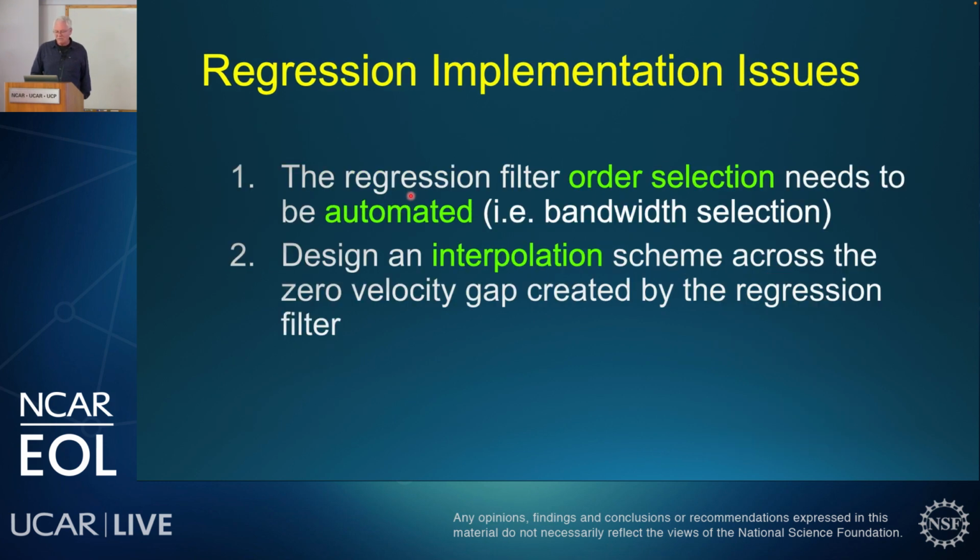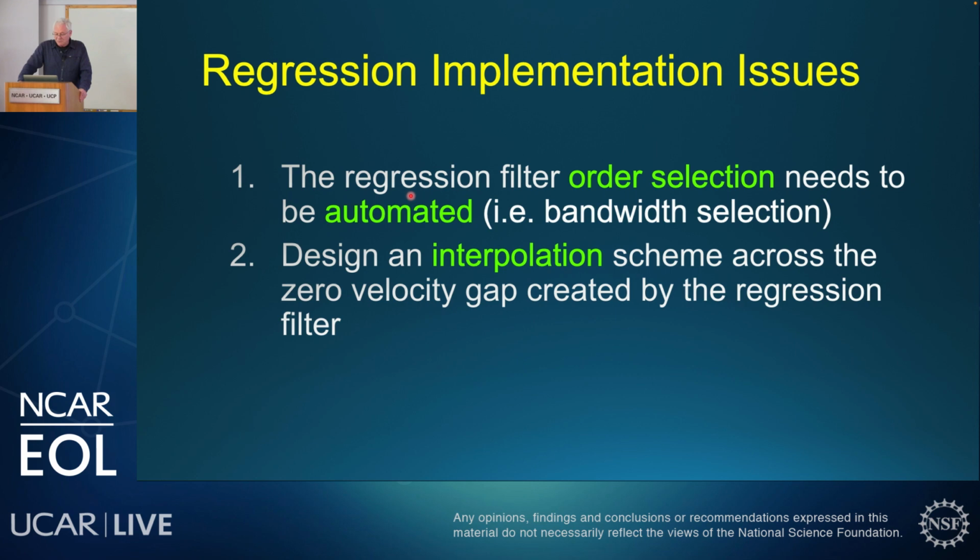Okay, regression implementation issues. You remember back why GMAP was so popular. You had an automated bandwidth selection by going into the FFT. Do I notch here? Do I notch here? Maybe a notch here this time. And so you could switch your notch around to fit whatever clutter signal you had at your particular radar resolution volume.